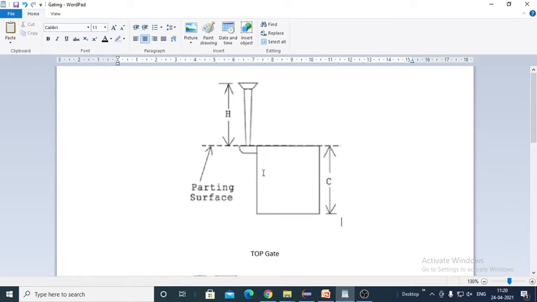And here, whenever we use such a top gate, the advantage is that whatever the mold is there, it is filled quickly. So this is one more advantage of the top gate.